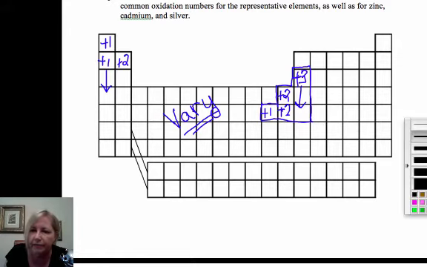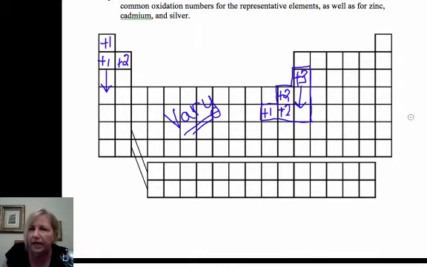Now for the non-metal, or let's do these other metals here. Okay, these metals in here, this group here can either be +2 or +4. And these here, same for the ones below. And this one, and really the metals above. And this is +3 or +5.